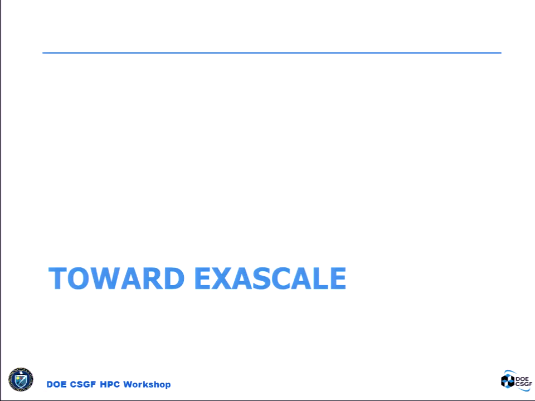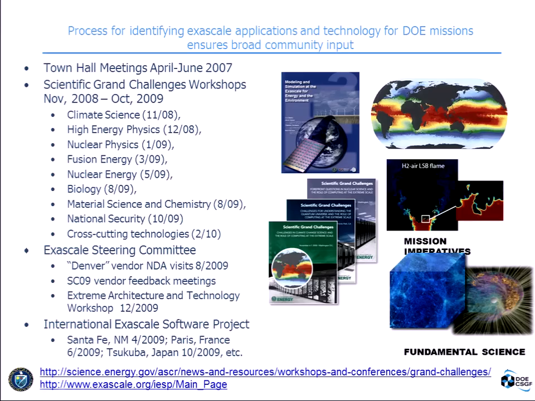So toward exascale, if you're a member of the DOE community, you've probably been involved in one of these workshops over the past 3 or 4 years. There have been an extensive number of workshops focusing on things like climate science, nuclear energy, as well as cross-cutting technologies. And David Brown and Paul Messina, two people who are here today, led an important cross-cutting technologies workshop that looked at the mathematics, the computer architectures, the software systems that we're expecting in that time frame.